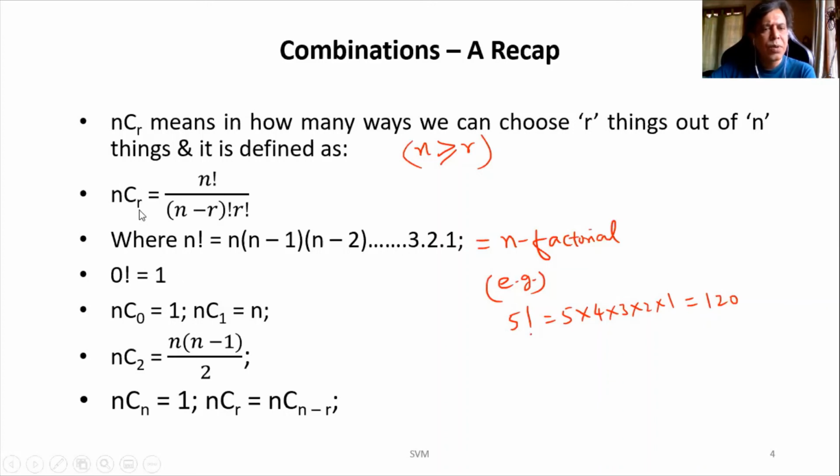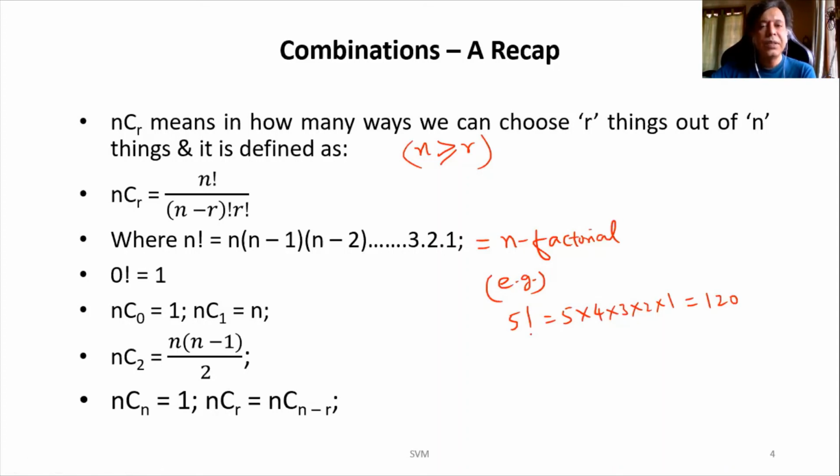Similarly, if I substitute r as 1, I will get nC1 equal to n. If I substitute r as 2, nC2 will be n into (n minus 1) by 2. And if I substitute r as n, I will get the answer as 1. Further, we can always prove that nCr is nC(n minus r). That is another thing which we need to remember.